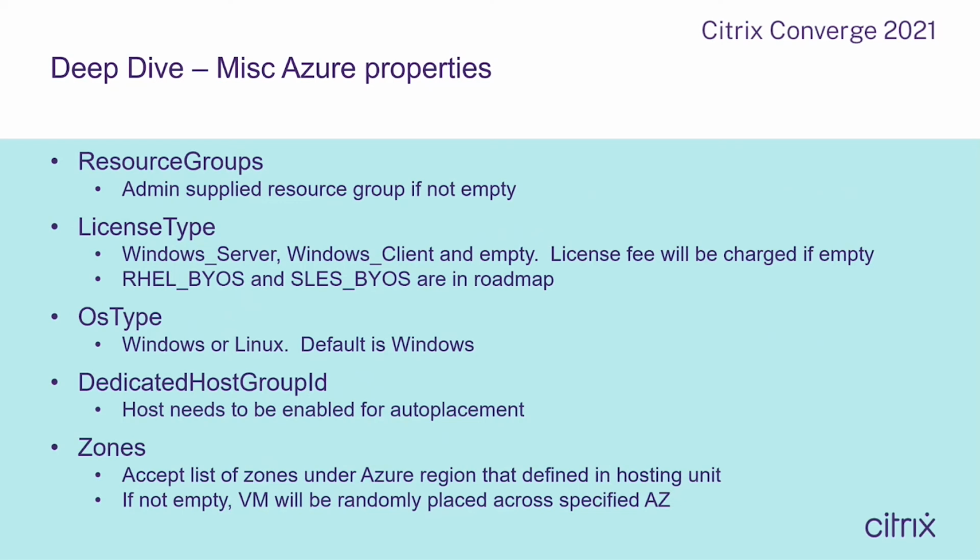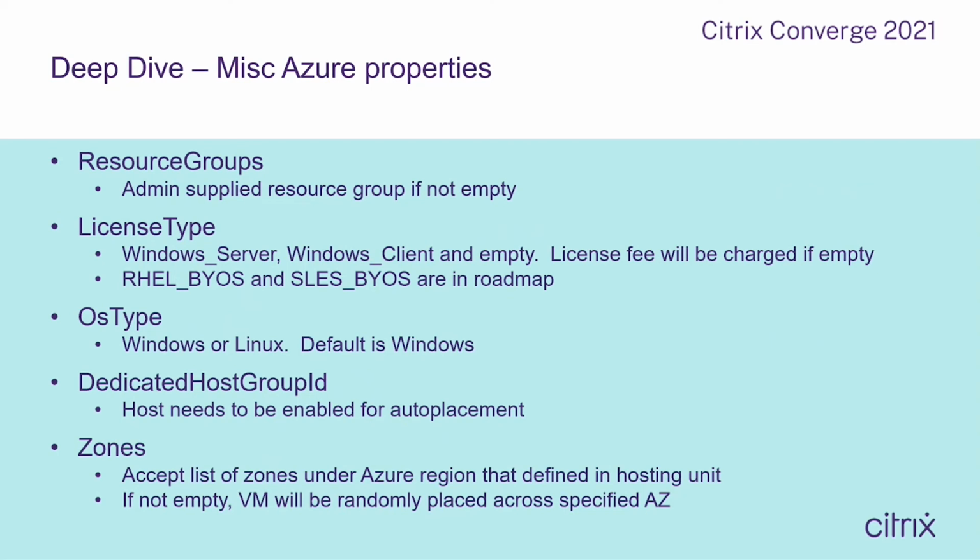Please be aware that the hosts need to be enabled for auto placement, because we actually don't explicitly place VMs on any specific host. We let Azure handle where it wants to place the VM. So hosts need to be enabled for auto placement. And the last one is the zones. We accept a list of zones from you. It could be one or multiple.